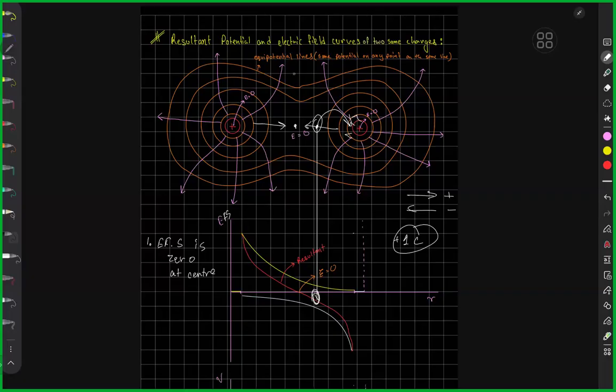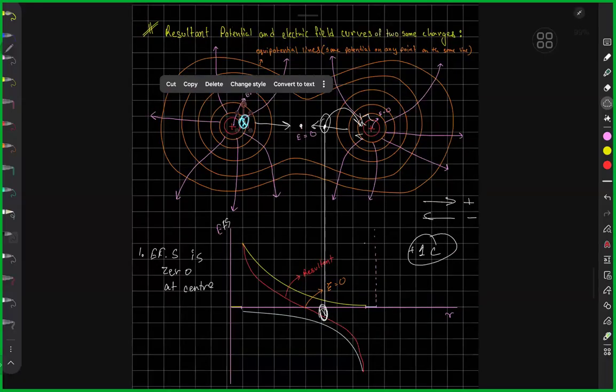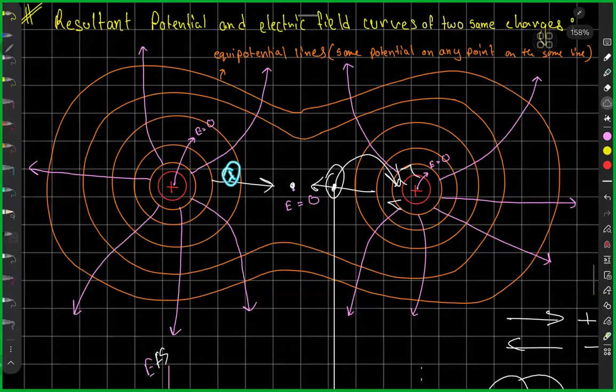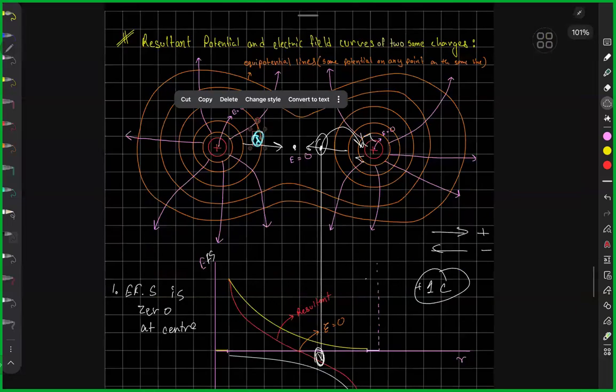That is, if I bring in a positive charge from infinity to anywhere on the circle, the same amount of work will be done. That was the key. Now, what happens when you have two positive charges added together? The concentric circles actually add up.